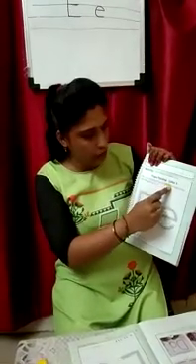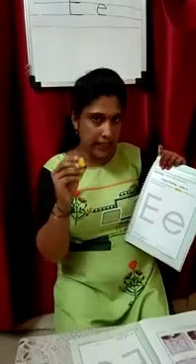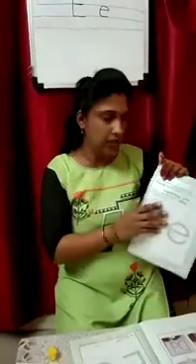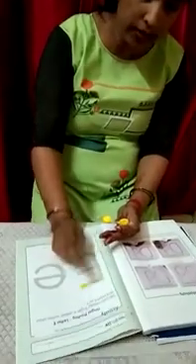Dip it in yellow watercolor and imprint on E. See, this is yellow color and imprint on letter E. So let's start the activity. Dip your middle finger and imprint on the letter E.